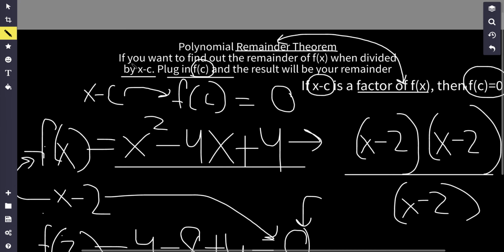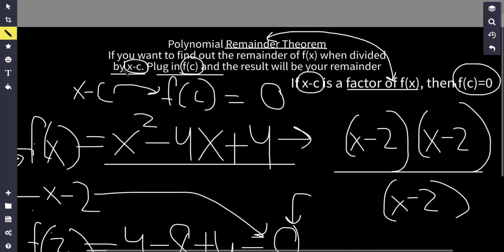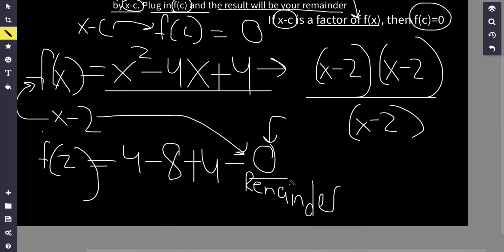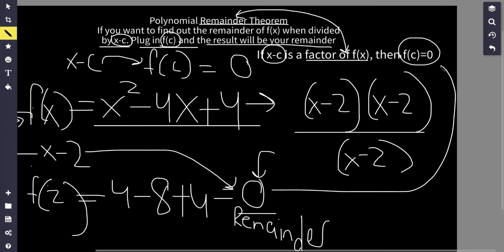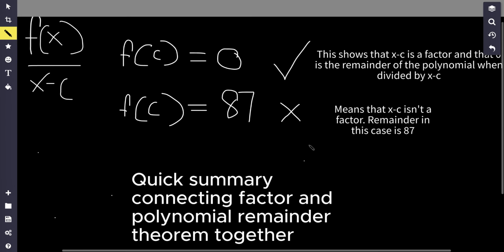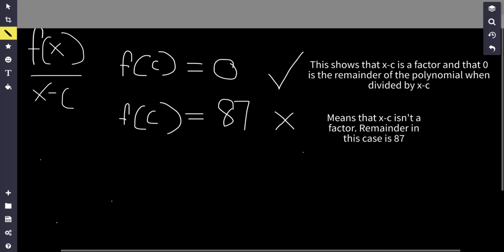And in this case, it's kind of the same process, right? If you want to find out the remainder when dividing by x minus c, plug in f of c, and the result will be your remainder. And if the remainder is 0, well, that means it also has to be a factor. I know I'm yapping a lot, but this is just a quick summary of everything we learned.